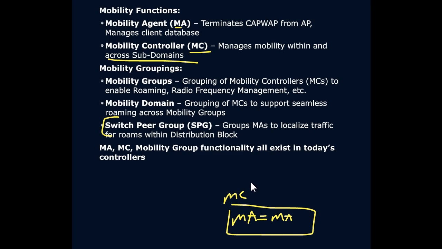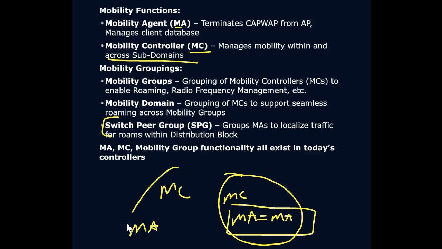Then one or more mobility agents and mobility controllers together are going to be placed within a mobility group. All right, so we can roam within a mobility group, and all of that is staying within that same boundary, that same set of devices. But we can also roam in between that one mobility group and another.